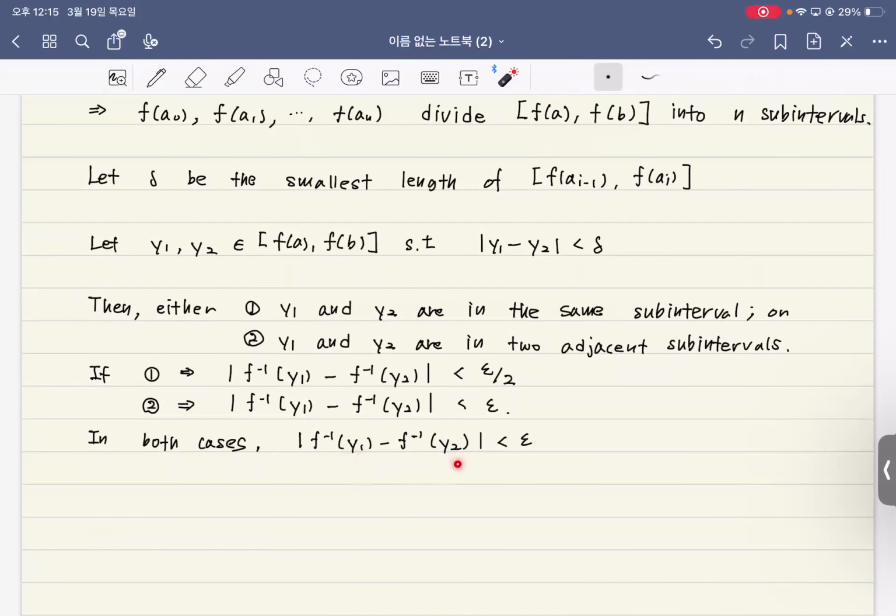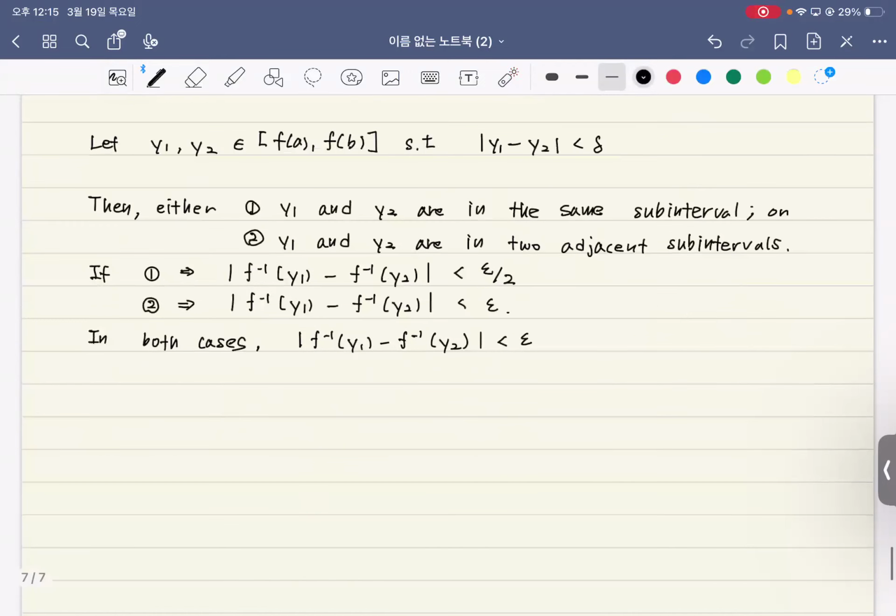So this means f inverse is not just merely continuous, but actually uniformly continuous on this closed interval. But being uniformly continuous is a stronger condition than just being continuous. Therefore, this proves that f inverse is a continuous function.